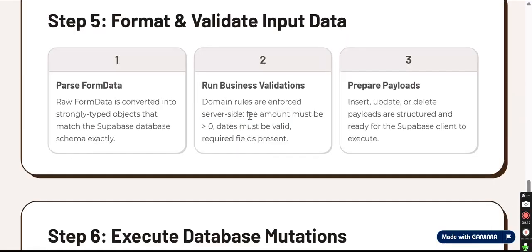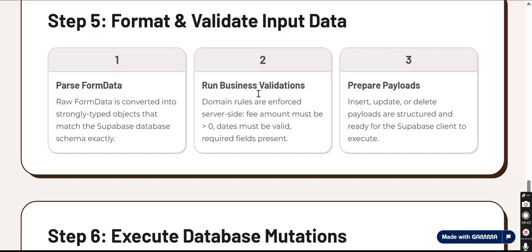Now we talk about how to format and validate input data. There are three things. First, parse form data, which I talked to you about before, into a strongly typed object that matches the Supabase database schema exactly. Second, run business validation, that is, domain rules enforced server-side. Fee amount must be greater than zero.